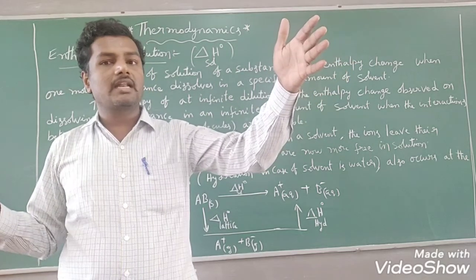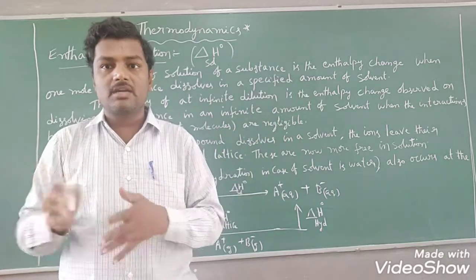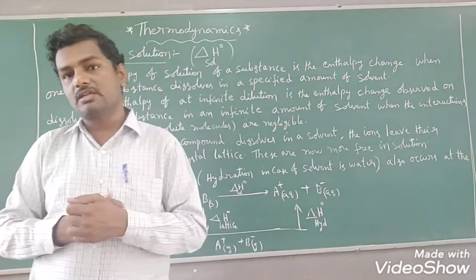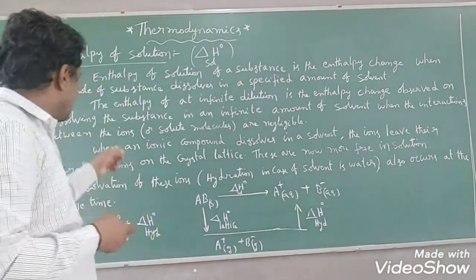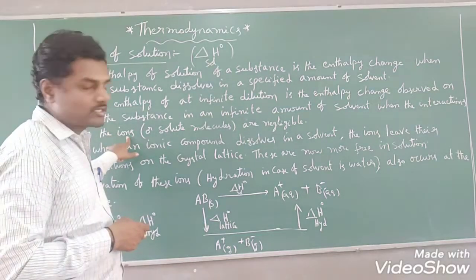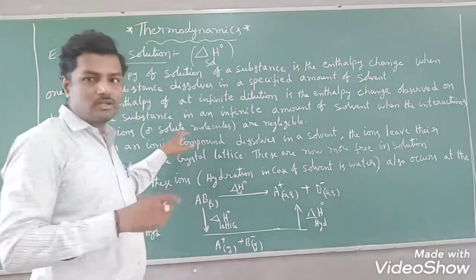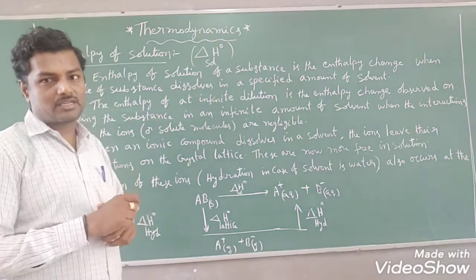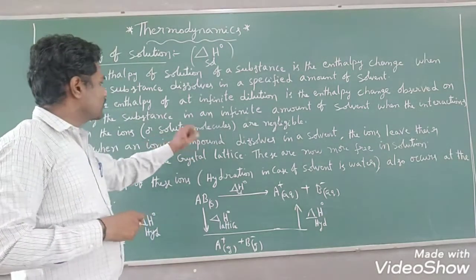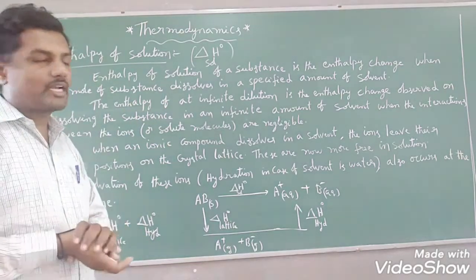Then the interaction between positively charged and negatively charged ions is very small, negligible compared to a concentrated solution. In case of ionic substances, ions will form in the solution. If it is a non-ionic, covalent substance, only solute molecules will be present. So that's why I have written all solute molecules. That is nothing but the enthalpy at infinite dilution.